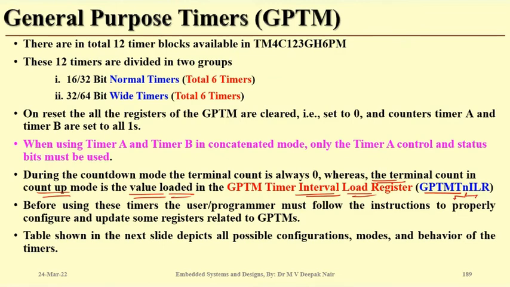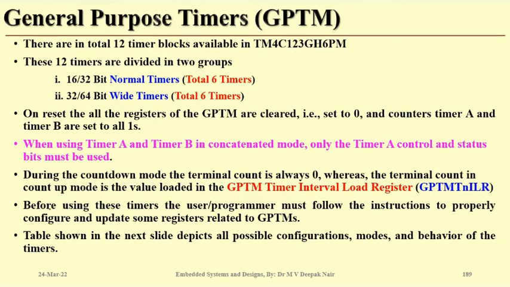N can be A or B. So GPTMTAILR, interval load register, or GPTMTBILR. So remember the final count is loaded into this register, and the terminal count will be whichever number is loaded in this particular register.